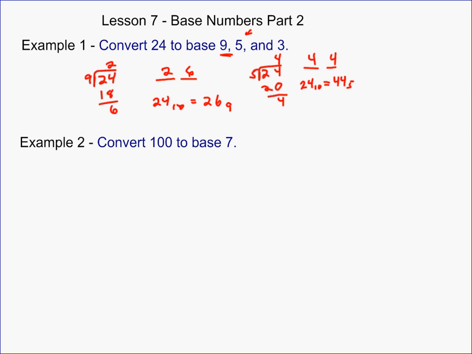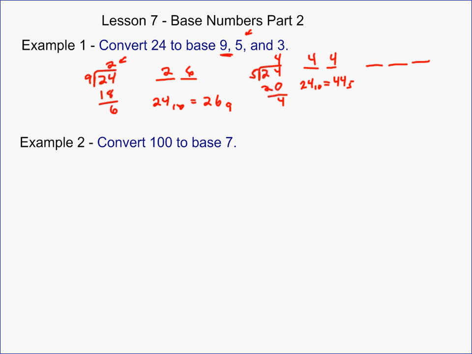Now base 3 is a little harder because the highest power of 3 that goes into 24 is no longer 3, it's 3 squared. And 3 squared is 9. And so how many times does 9 go into 24? We've already done that right here, 2 times, right? And so we know that instead of being a 2-digit number, our base 3 number is going to be a 3-digit number because 3 squared goes into 24.